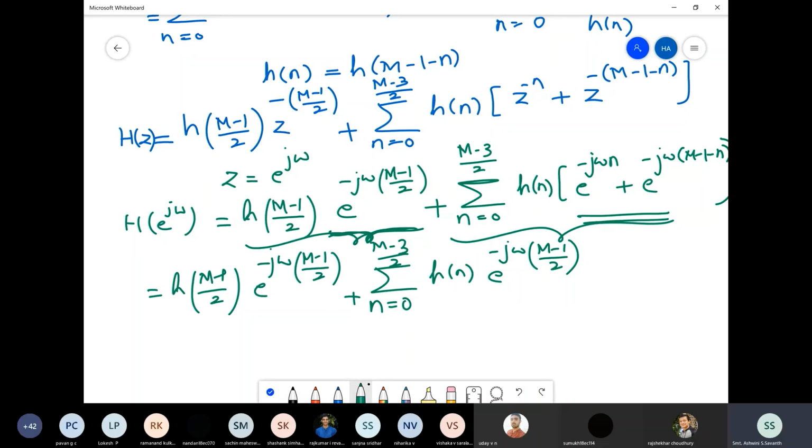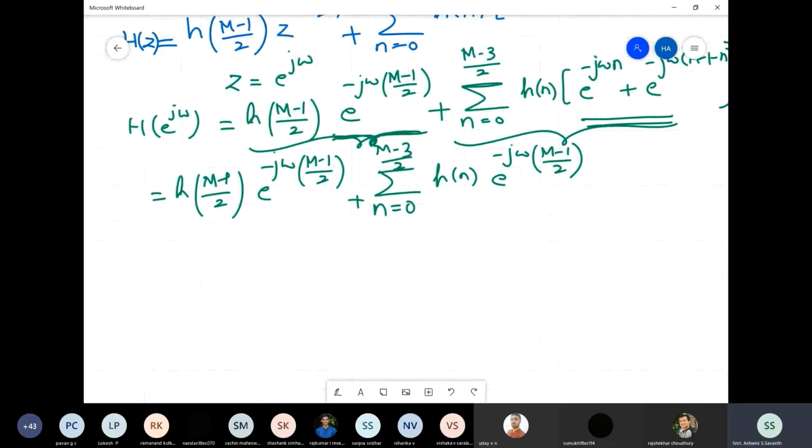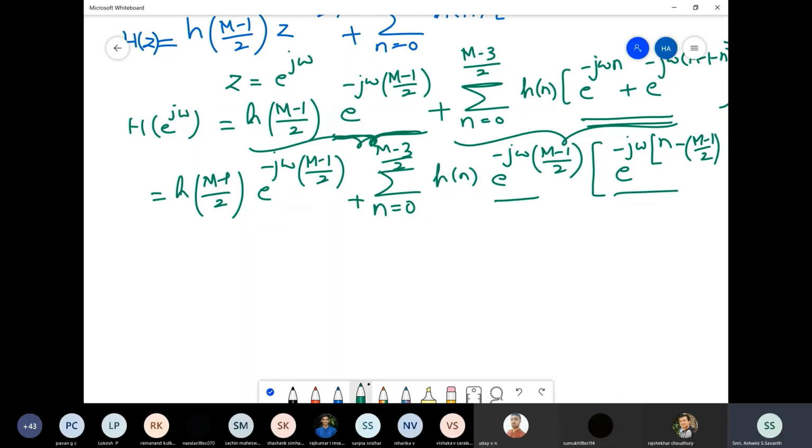Okay, so how does the second term simplify? It will be e power minus j omega times m minus 1 by 2, I'm going to keep that, and then e power j omega times n minus of m minus 1 by 2 I'm going to write here. If you multiply these two terms again, you are going to get back the original term, isn't it? Because you have e power plus j omega into m minus 1 by 2 in this term here.